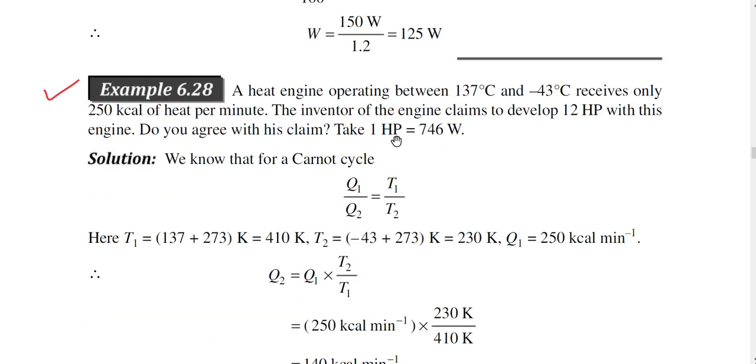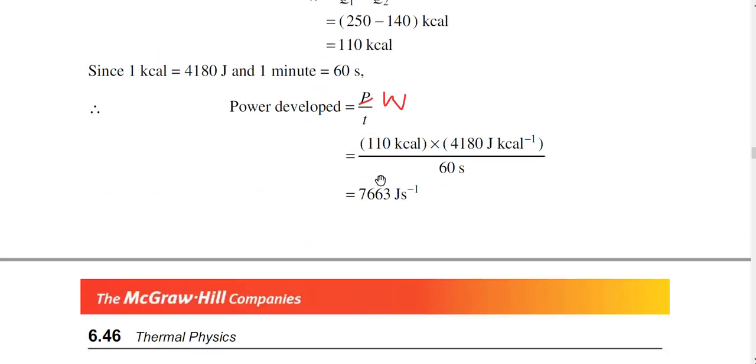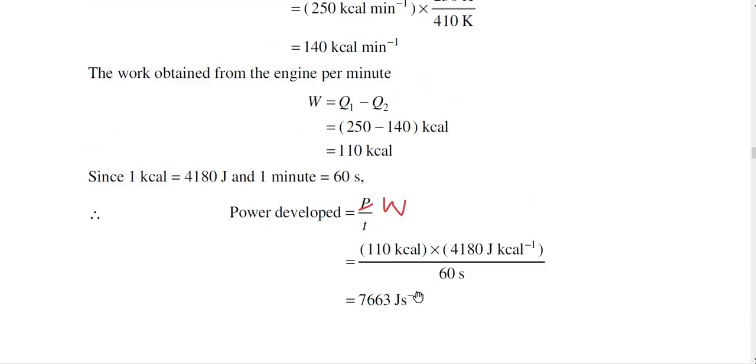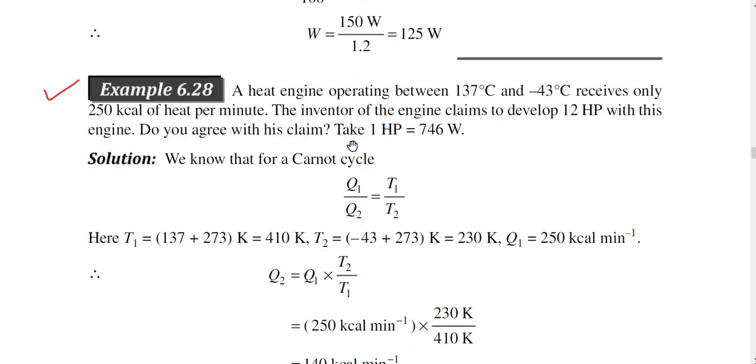Now, in the problem, it is mentioned that 1 horsepower is equal to 746 watt. So, we can convert the watt unit into the horsepower unit. This power is in watt unit. If we convert to the horsepower unit, that will be 10.3 horsepower. But the inventor claims that the power of this engine is 12 horsepower.